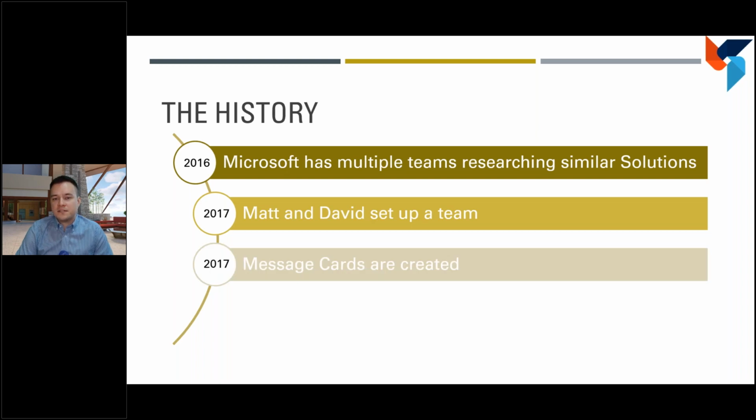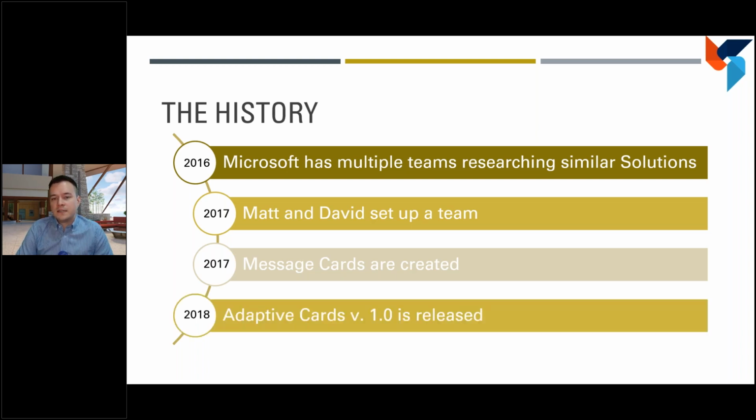Later in 2017, they created a message card, the technology that was inheriting from the actionable messages from Outlook. And later in 2018, they came up with the first fully productive version 1.0 of Adaptive Cards. So that is a very brief history.